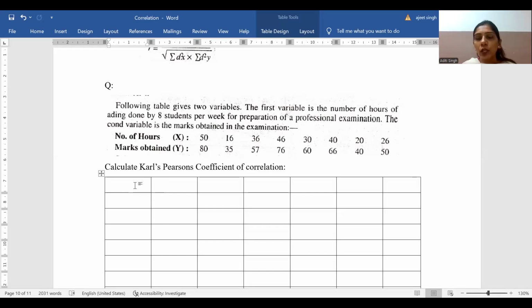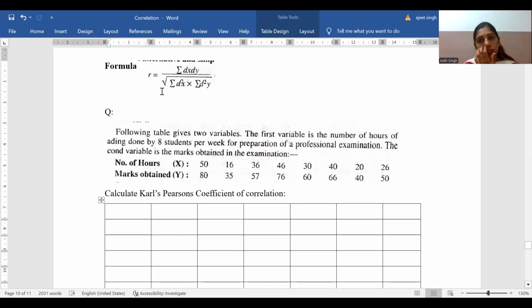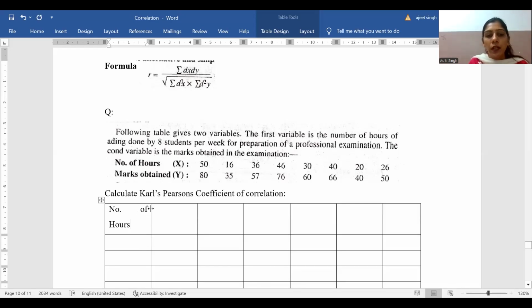After that, we have to calculate the standard deviation, or you can say in this question we are not calculating standard deviation, we are calculating sum of d square x. With the help of this we will solve this question.